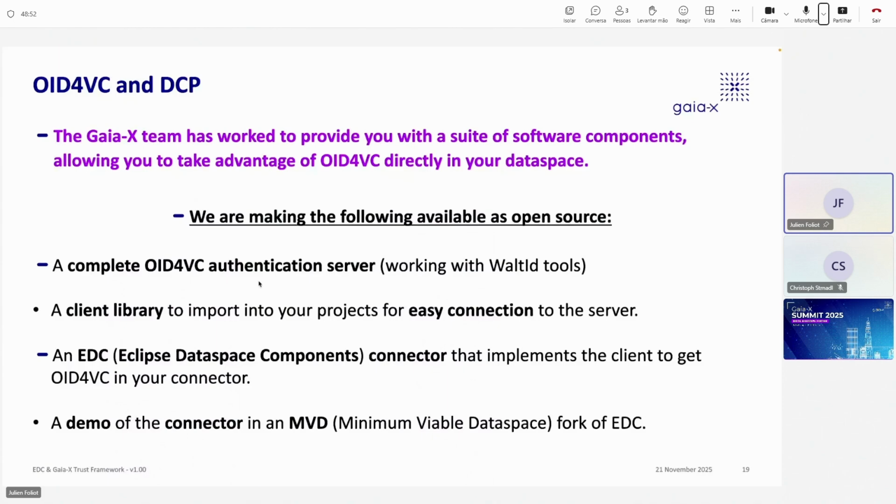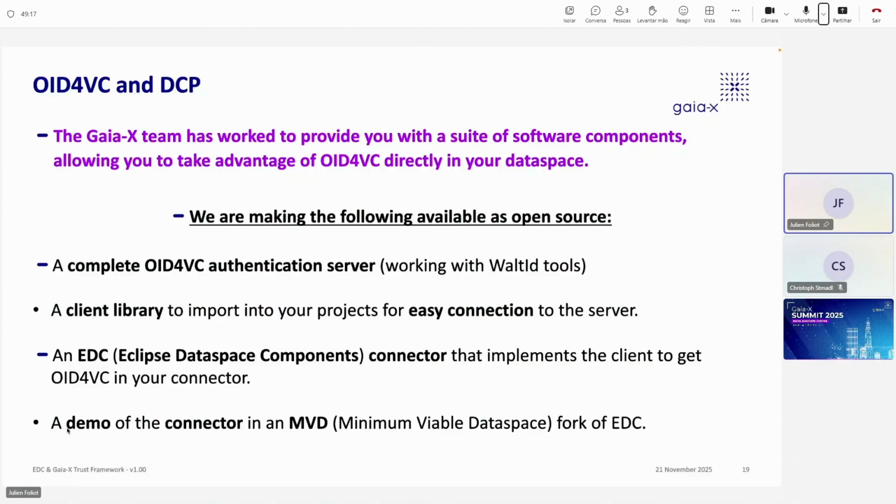So you can just do HTTP requests or use the client library if you are in Java. I think maybe we will also do client libraries in JavaScript and TypeScript, of course. You will have an EDC connector, as we talked about, that implements this client. So you can either take the client or directly take the connector.